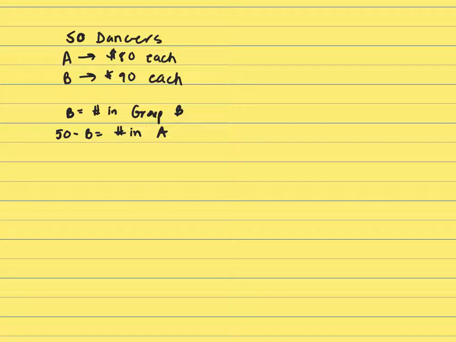All right, so let's write an equation. And if I knew how many were in Group B, then I could just multiply that number by 90, and that would give me the total cost.